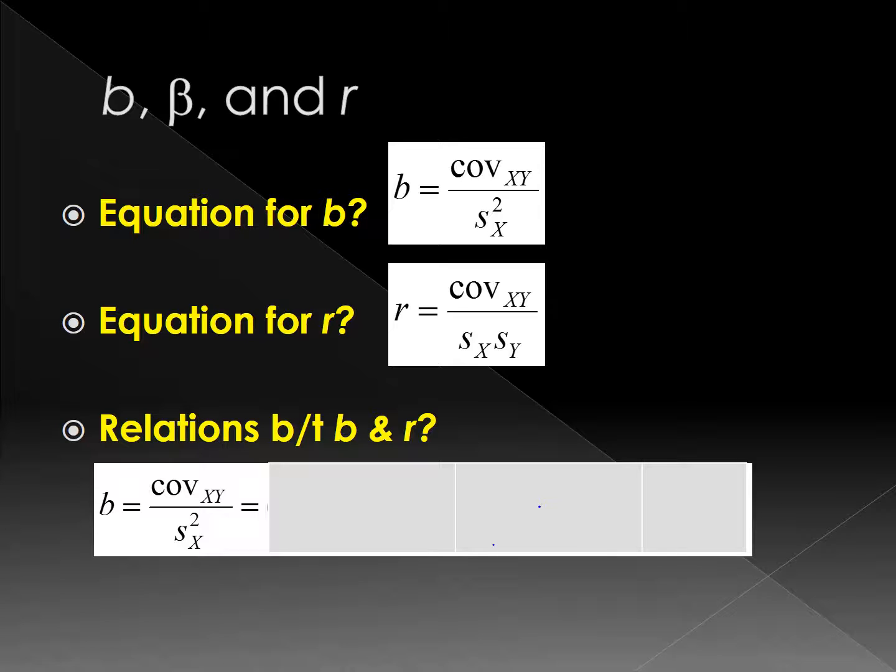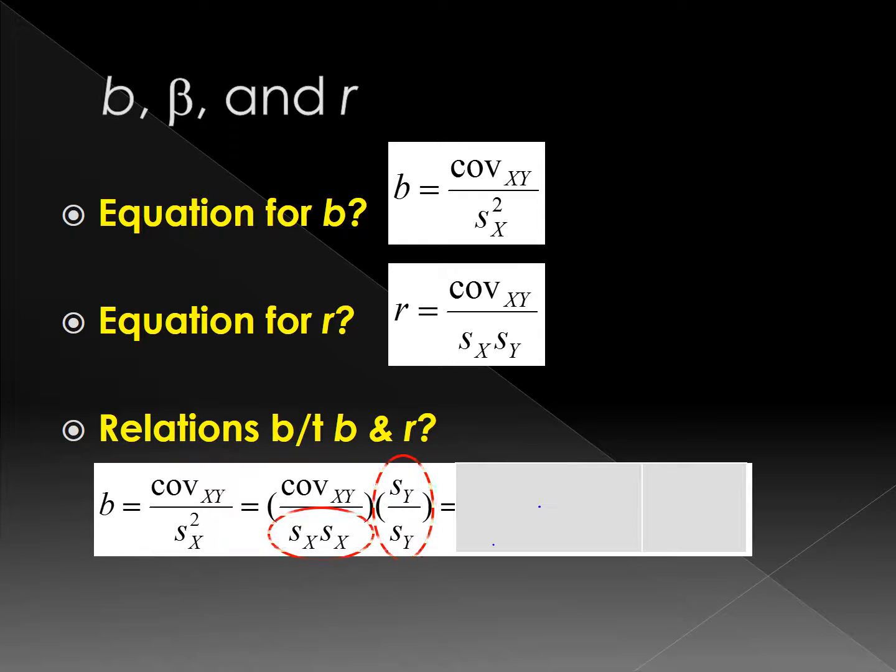B equals the covariance of xy divided by variance of x. If we multiply this by a ratio of sy divided by another sy, they are the same. Then in the bottom, we can switch sx and sy.